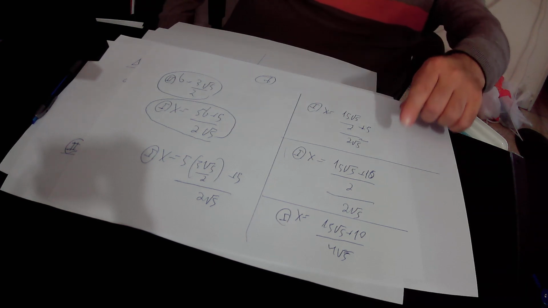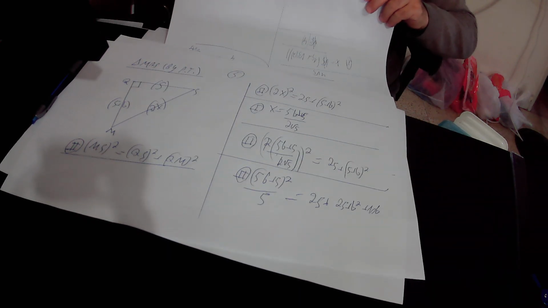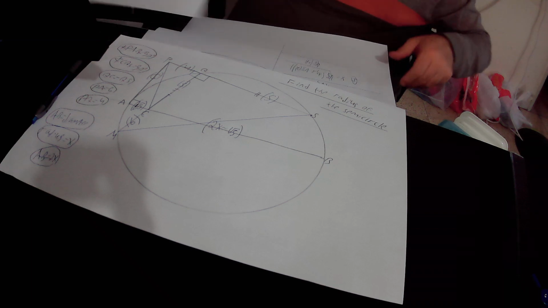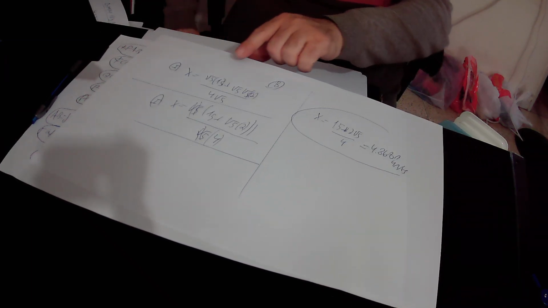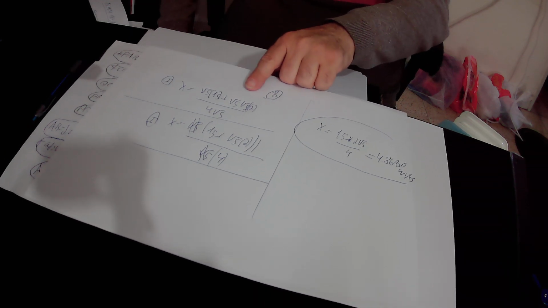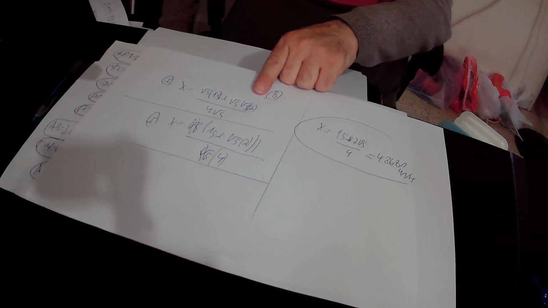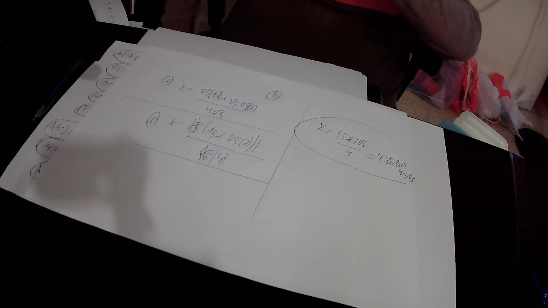So here we substitute 10 by square root of 5 times square root of 5 times 2. So according to equation number 1, x equals square root of 5 times 15 plus 10, and 10 equals square root of 5 times square root of 5 times 2, all divided by 4 times square root of 5.